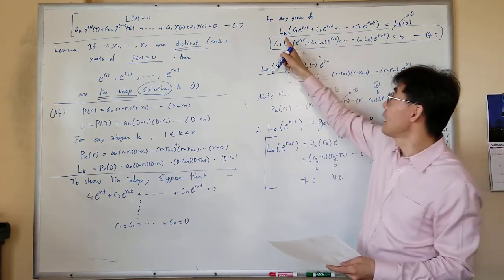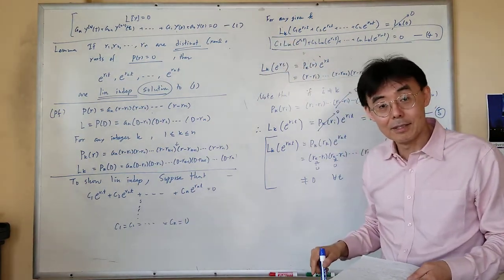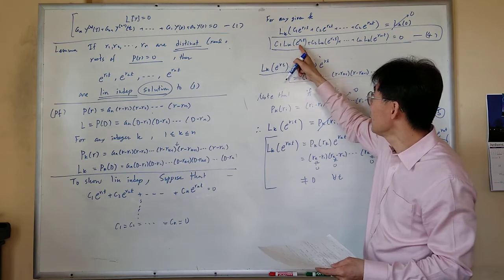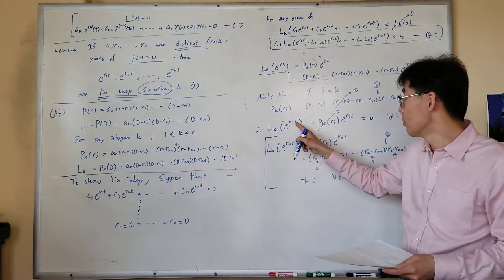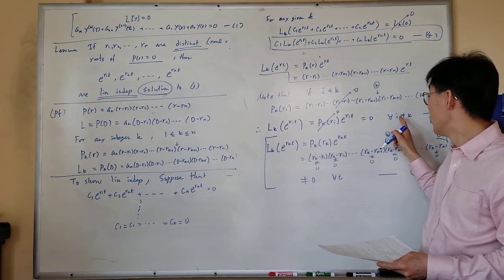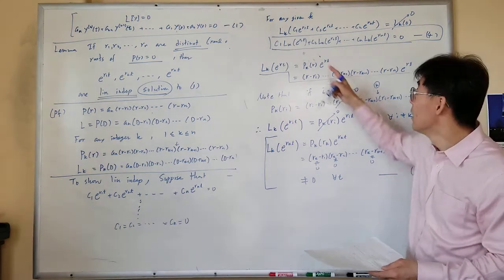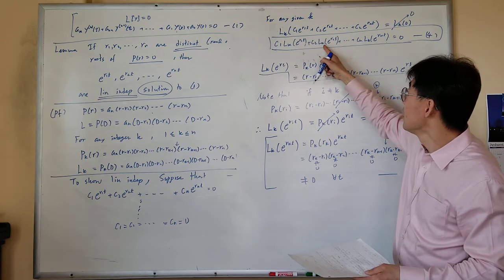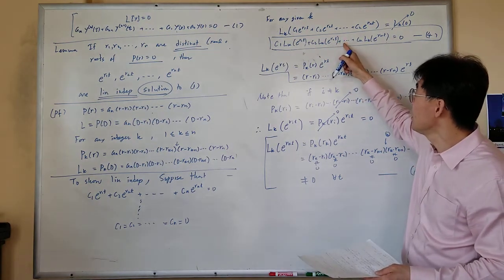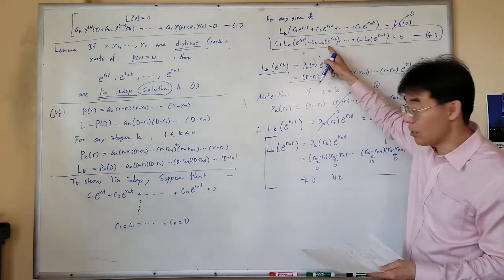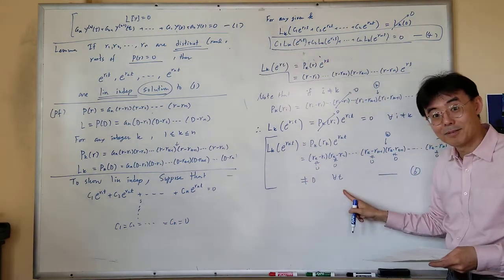Let's say k equals 3. Then L_3 e^(r_2 t) is different from 3. C_2 L_3 of e^(r_2 t) is also 0. But then C_3 L_3 e^(r_3 t) will not be 0, right?